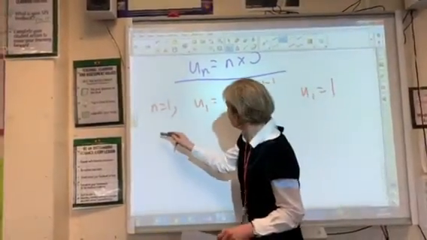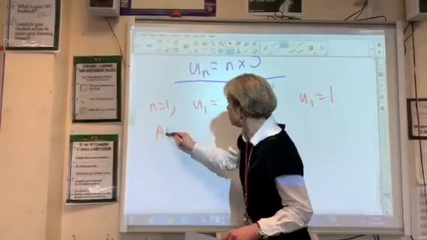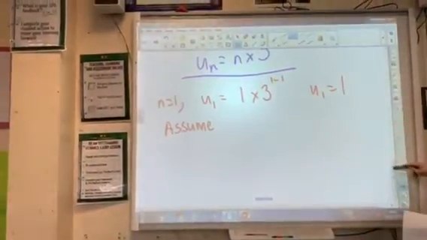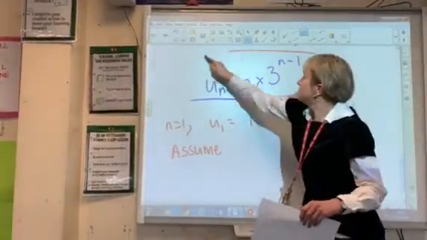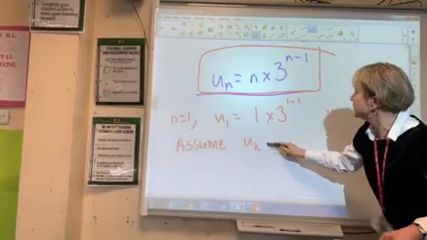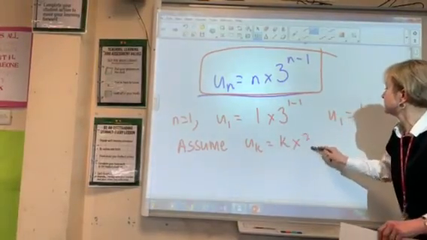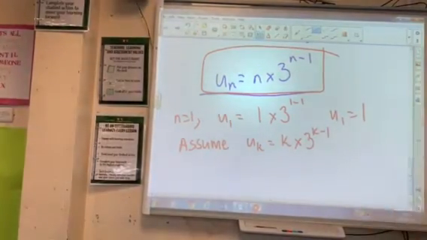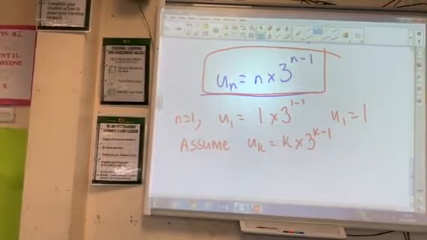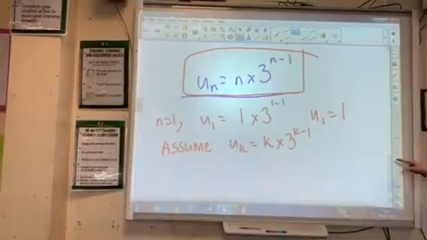Your next step, your inductive step, is you assume that what you're trying to prove, and this is the thing you're trying to prove by induction, you assume that that's true for n equals k. So you assume that's true. You want to show that this holds for n equals k plus 1.